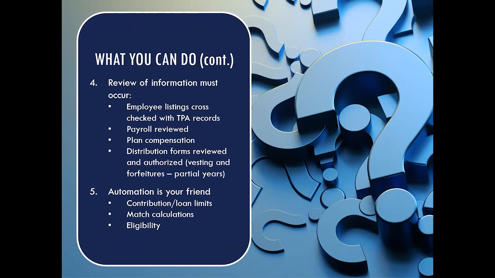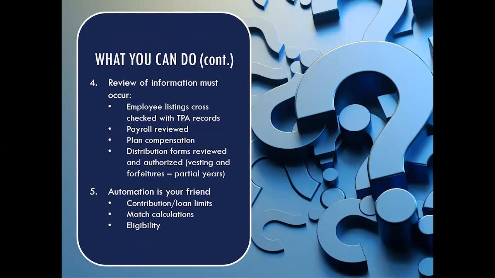Payroll really drives the deferrals and any related employer contributions. Therefore, if the payroll is incorrect, by default, the deferrals are incorrect. So if participants are making electronic deferral election changes with the TPA, there needs to be a process and a control in place to ensure that the deferral percentage change is accurately adjusted within the payroll records.